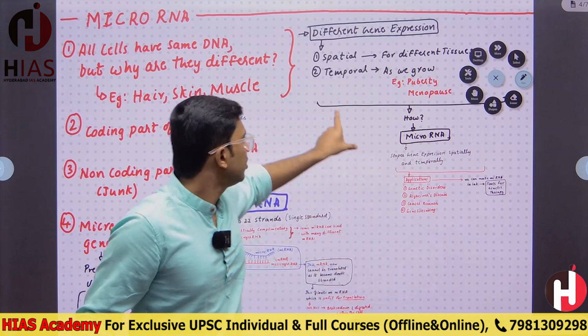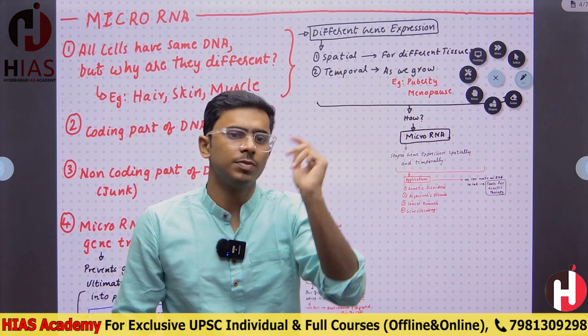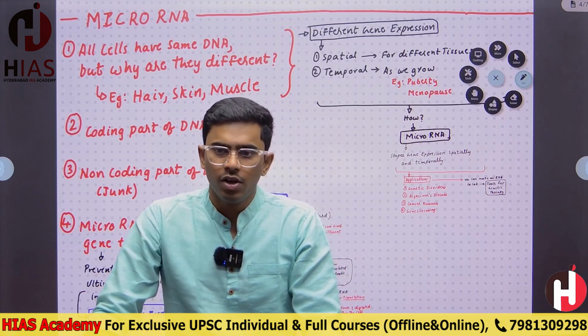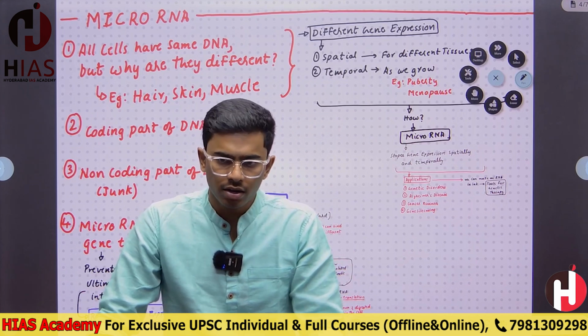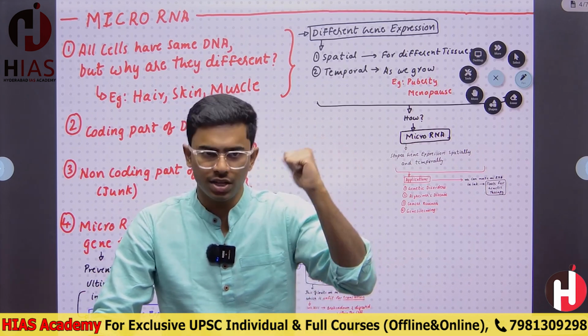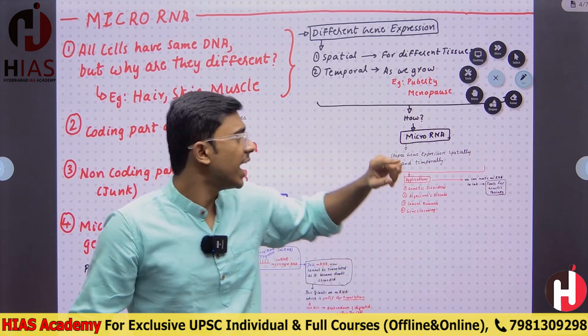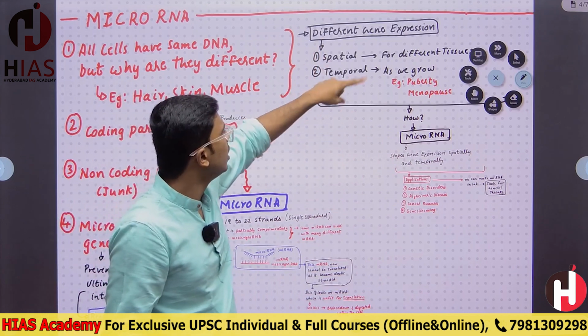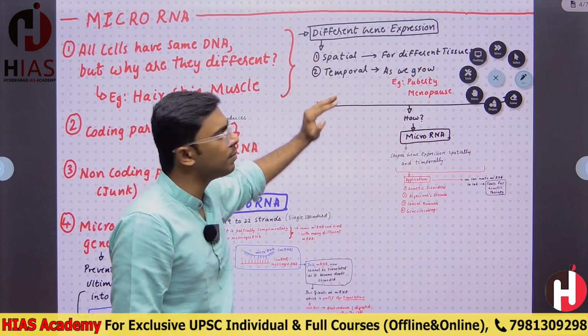And what is temporally? As you grow, a few genes will be expressed. For example, when you hit puberty, for women it's called menarche, there will be bodily changes. Why does it happen at a particular age? Because at that particular age, that gene will start expressing itself. So there will be spatial and temporal.